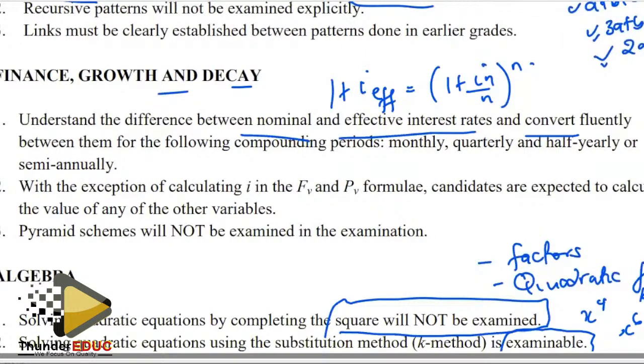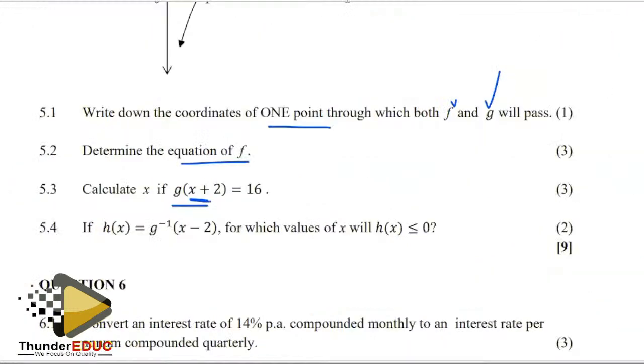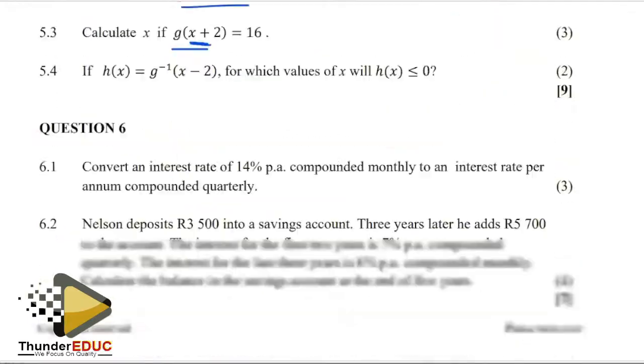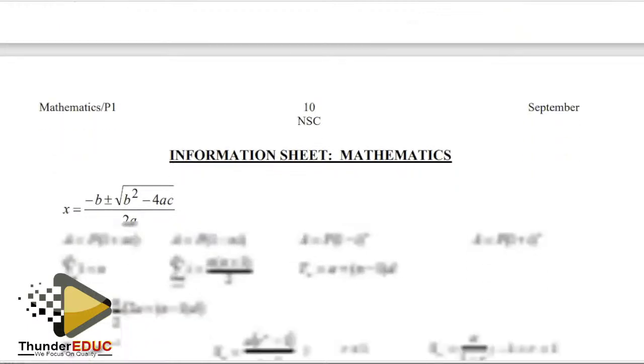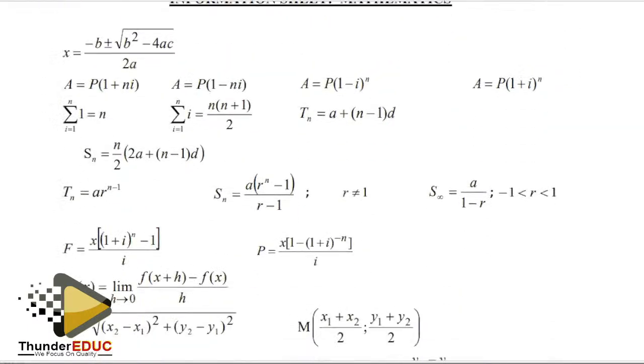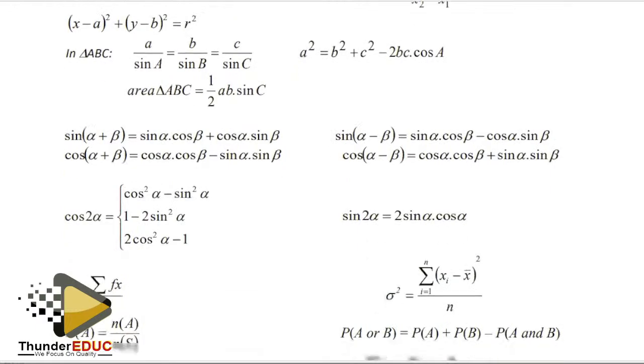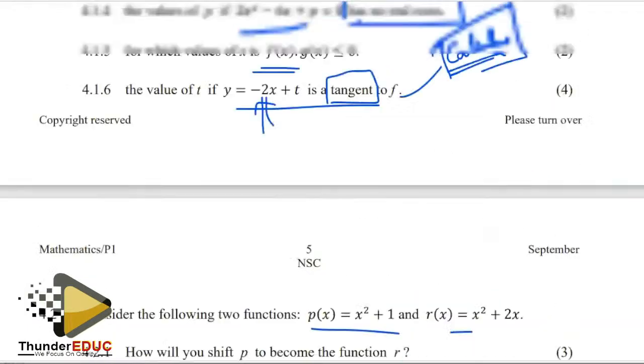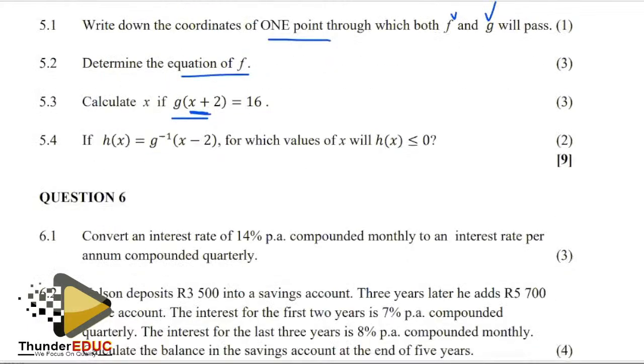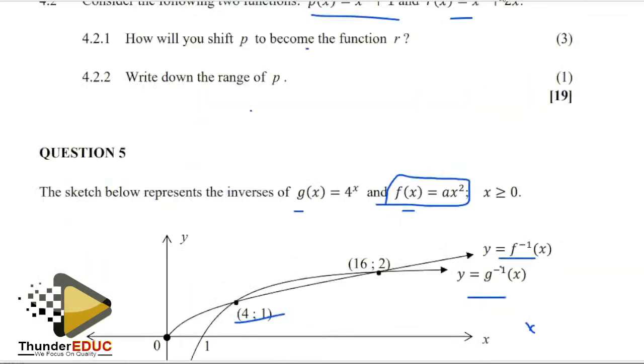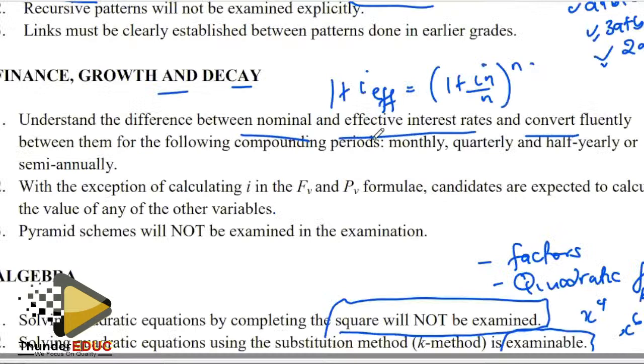Let's just confirm and see if that formula exists, because we don't have to stress about things that are already there. Nominal interest, nothing. It's not there. That formula, we just need to know it by heart, by ourselves, okay?